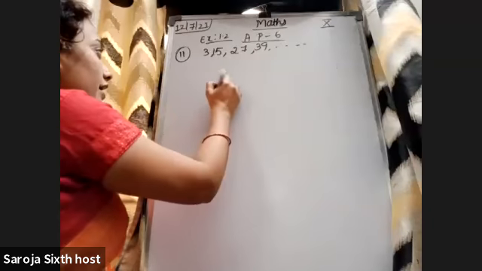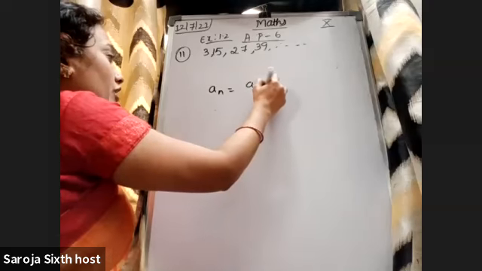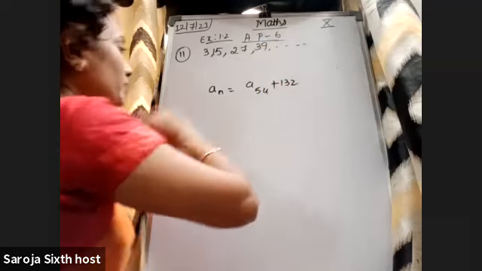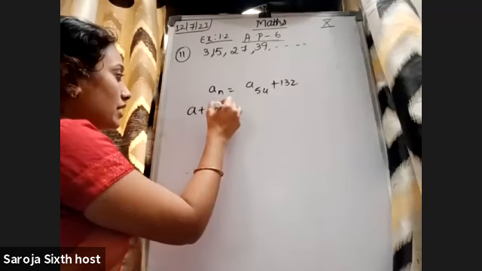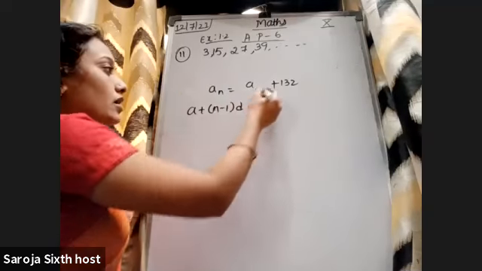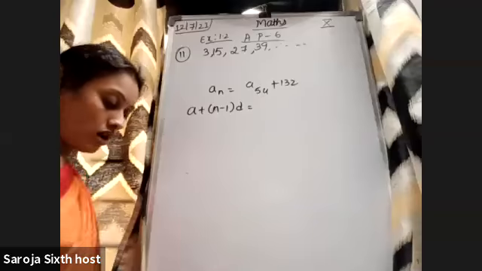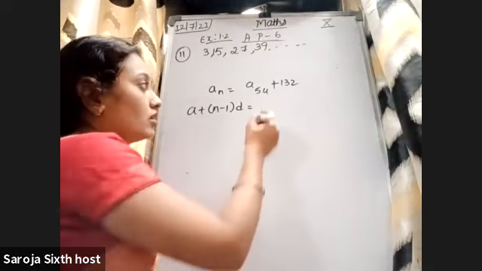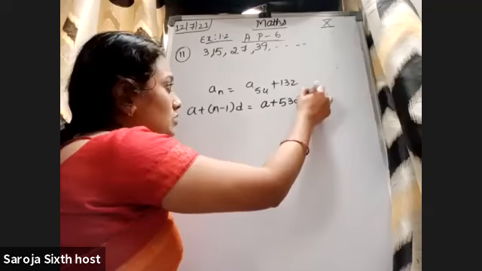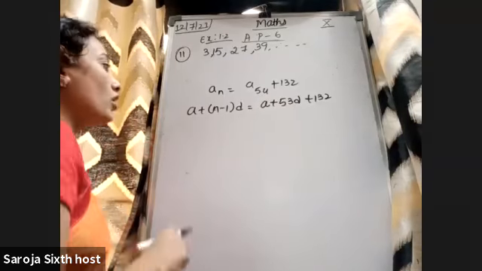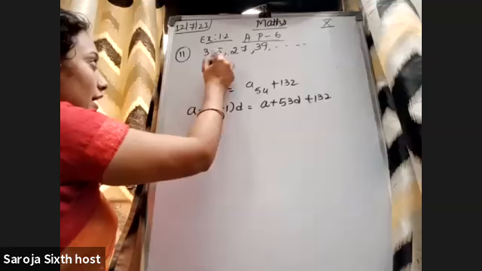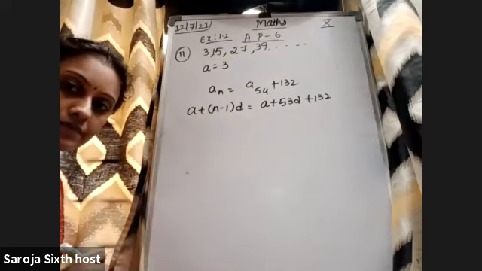Once again, I will write this equation. Here a_n is equal to a_54 plus 132. Here a_n is equal to a plus (n minus 1) into d. Here a_54 is equal to, how can you write it? a plus 53 d, plus 132. Yes. So now from this equation, you take the a value. The a value is equal to 3.